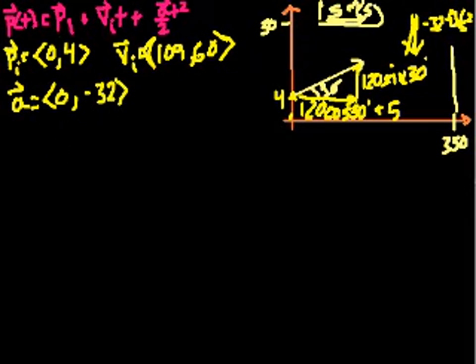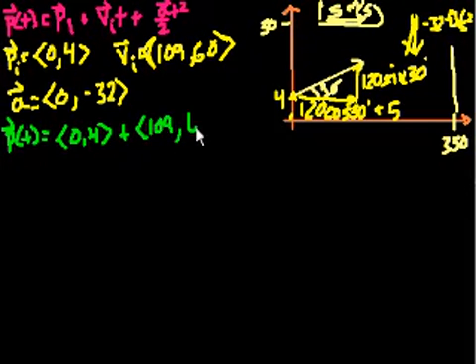So now let's put these back in that original equation. So our position vector, and I will switch colors to keep things from getting monotonous, equals my initial position, that's 0, 4, plus my initial velocity vector, 109, 60 times t, plus t squared over 2 times my acceleration vector, 0, minus 32.